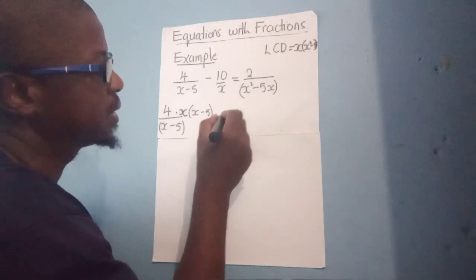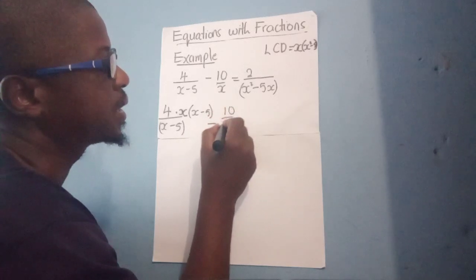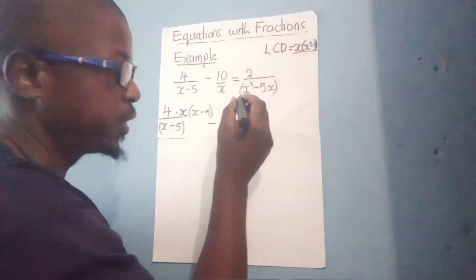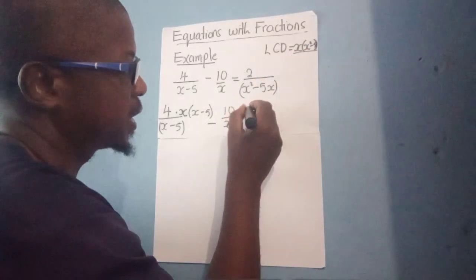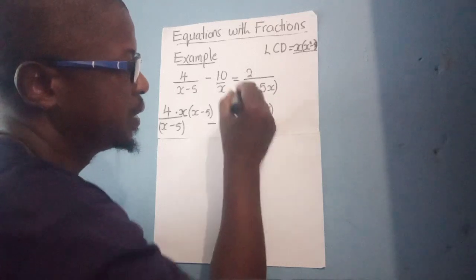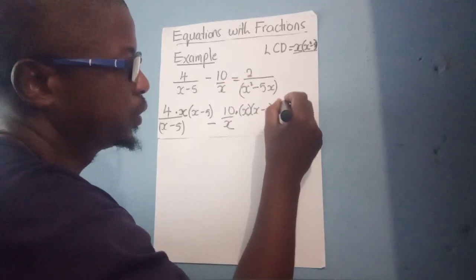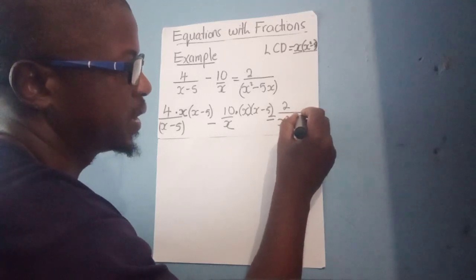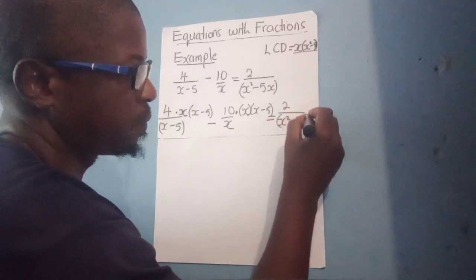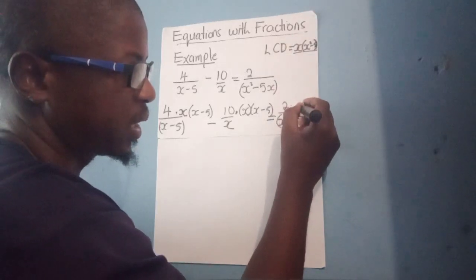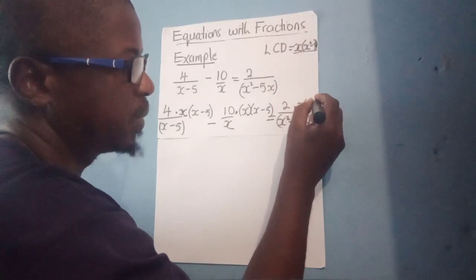Bring down the minus. I have 10 over x multiplied by the lowest common denominator, which is x minus 5, is equal to 2 over x squared minus 5x multiplied by the lowest common denominator, which is x minus 5.